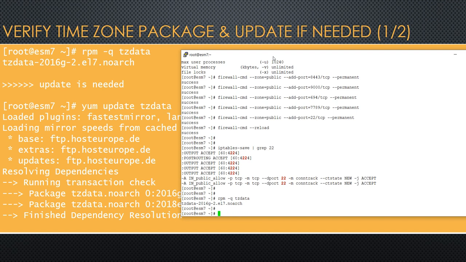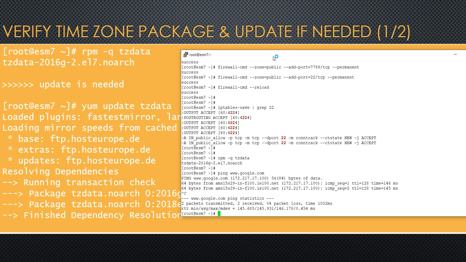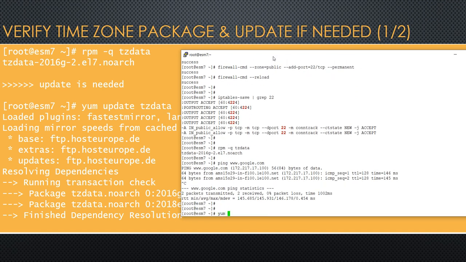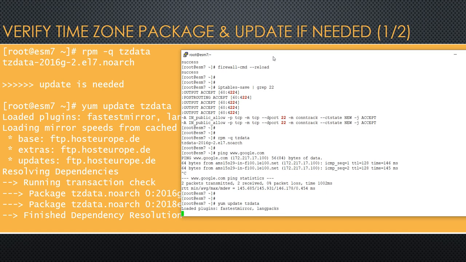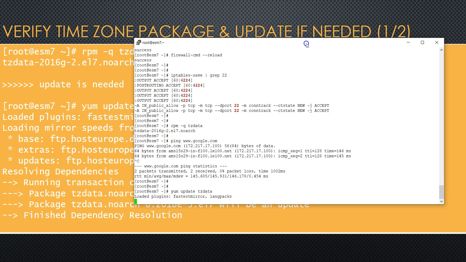First, we need to make sure that we have DNS resolution. It's fine. So now we have internet access and DNS resolution. So I will update tzdata using the yum command.